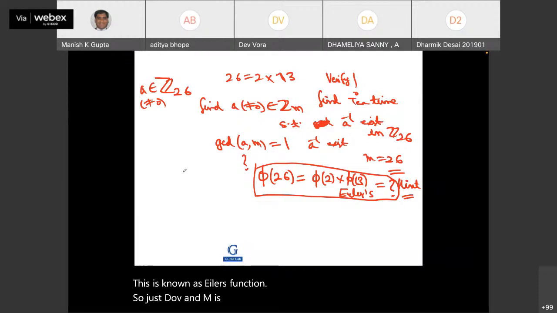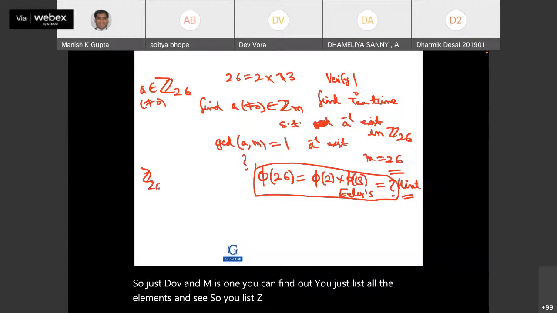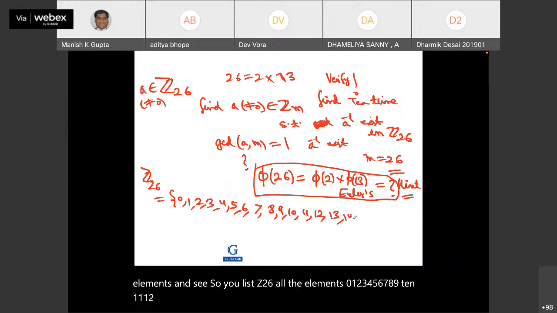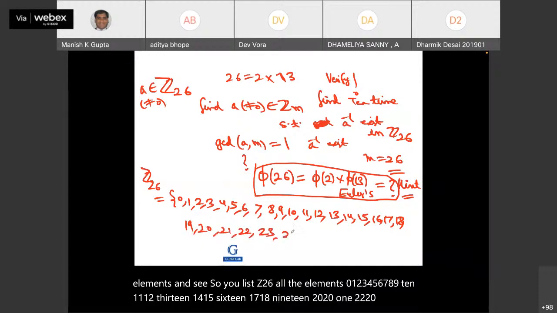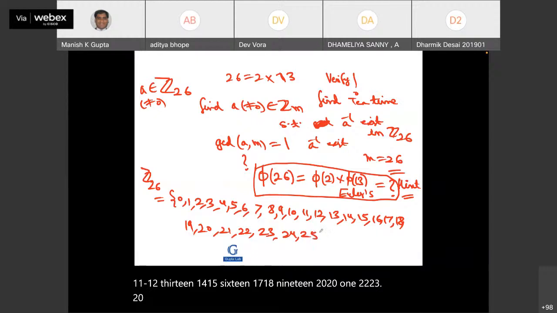You can find out: you just list all the elements of Z26, like 0, 1, 2, 3, 4, 5, 6, 7, 8, 9, 10, 11, 12, 13, 14, 15, 16, 17, 18, 19, 20, 21, 22, 23, 24, 25, right?